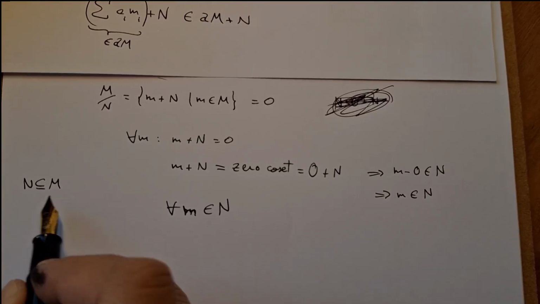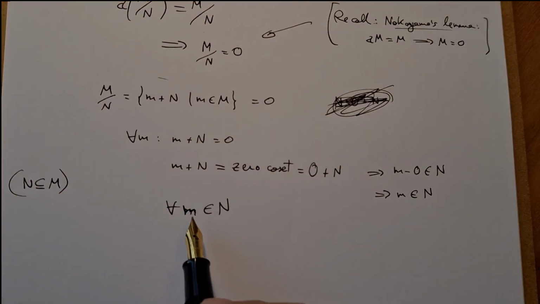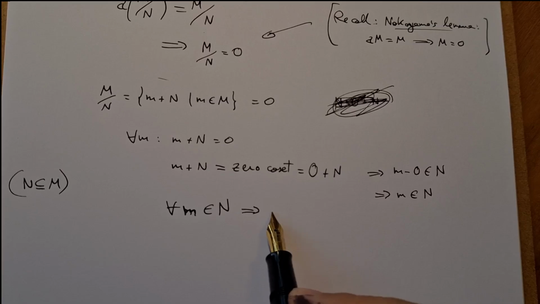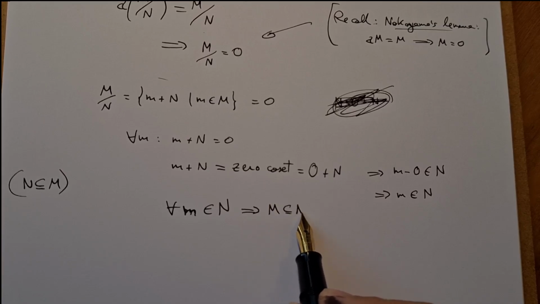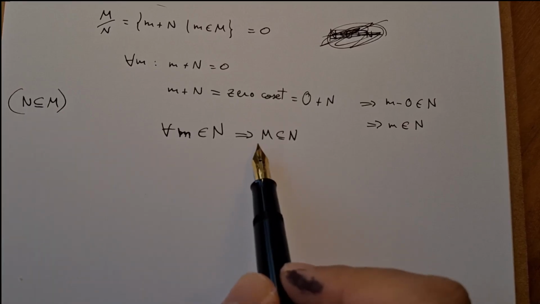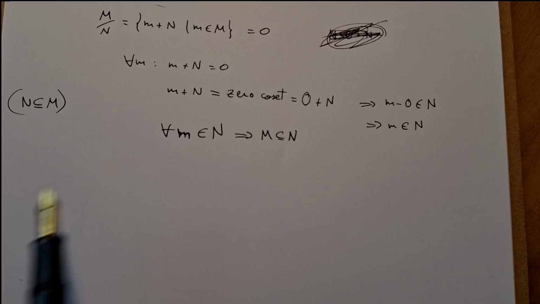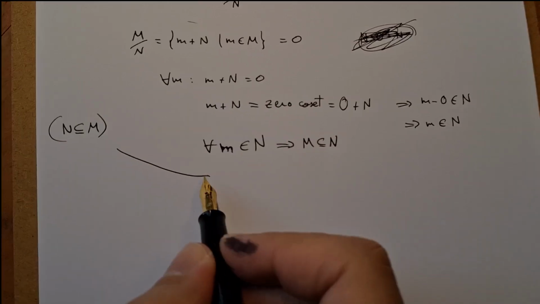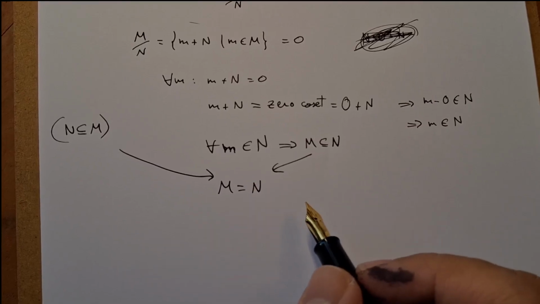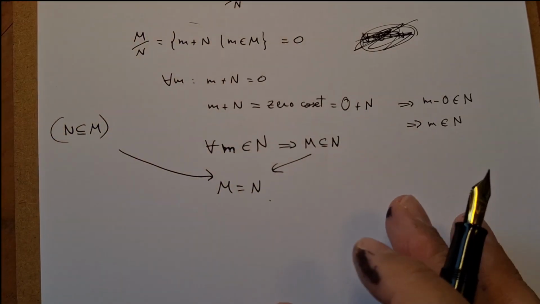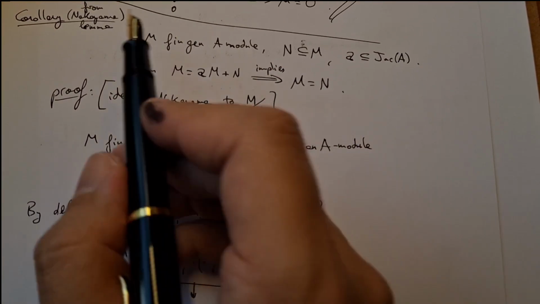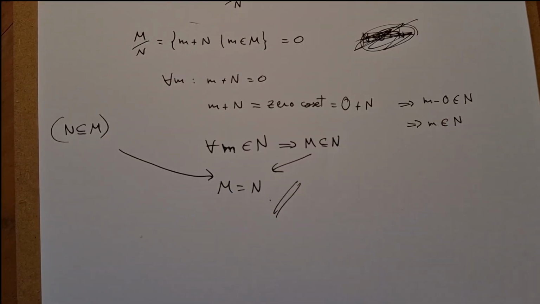N was a subset of M. Now, having that all the m's are elements in N, this is the same as saying that M is a subset of N. So we have N a subset of M, and M a subset of or equal to N. Those two things mean that M equals N. And this is exactly what we had here at the hypothesis of the corollary of Nakayama's lemma. So we are done with the proof.